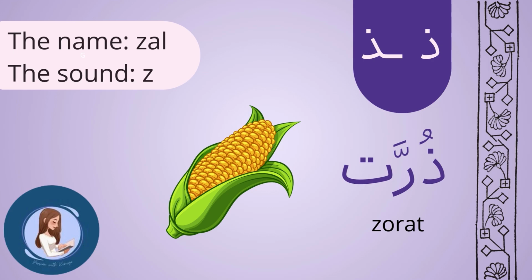And you can only learn it by heart. There's no rule for that, because if you have seen that word before, you already know that this word is zorat, even if you don't have any signs on the top of it.